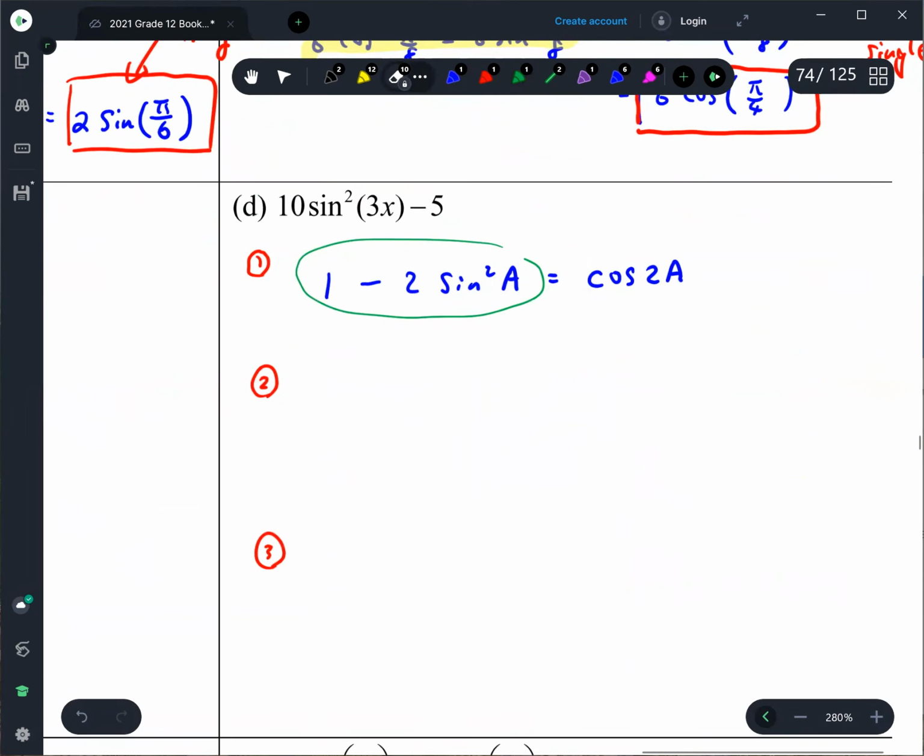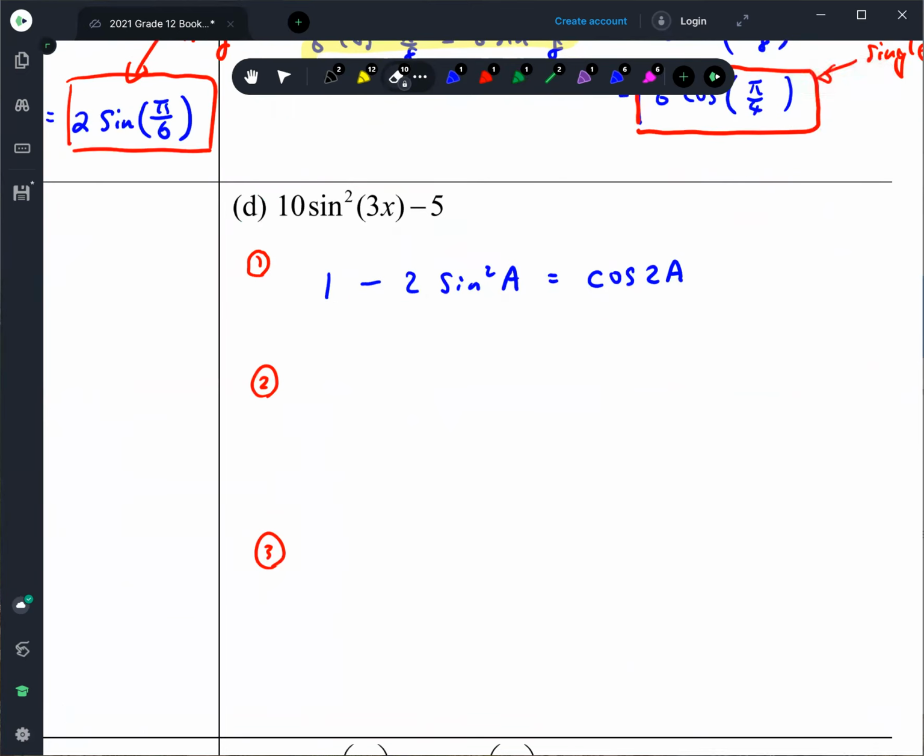So we want to do something to the identity, to the left side, so it can become the question, okay? Does anyone have a suggestion? How can we modify it? So then the sine square can go to the front.